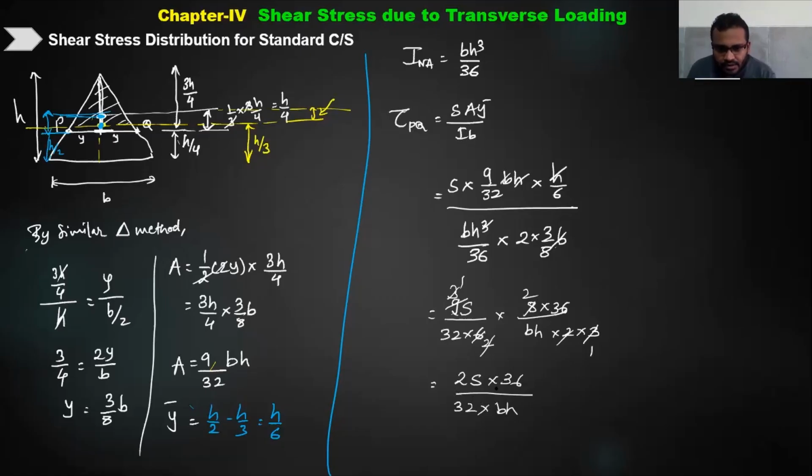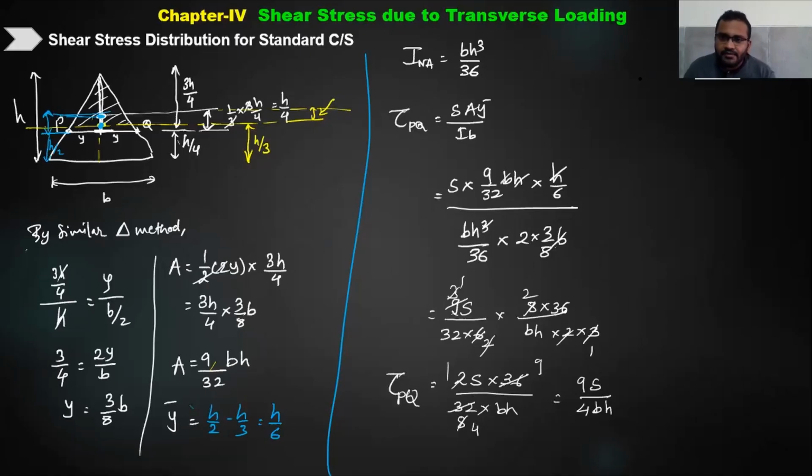Okay, now what can we divide? 4 9s are 36, 4 8s are 32, right. So now it is 9s by 4 BH, 9s by 4 BH, equals. Okay, so this is what we get at any general layer PQ that I calculated.